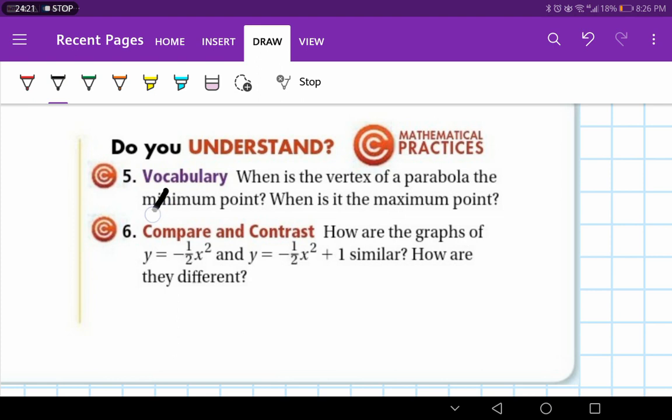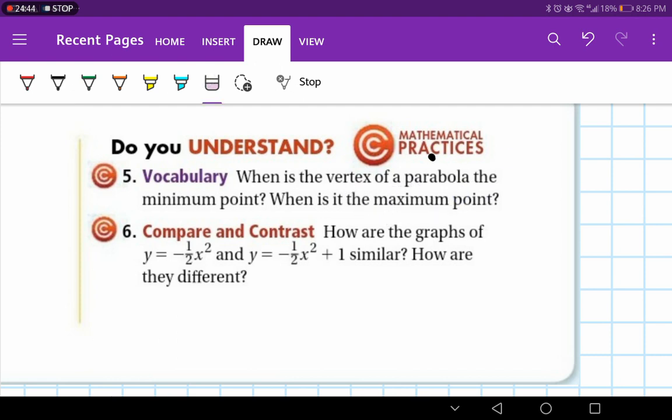I mean the number that sticks with the x square. If it is positive, the vertex of the parabola will be minimum. Good. Now he asked me, when is it the maximum point? If the coefficient of x square is negative.